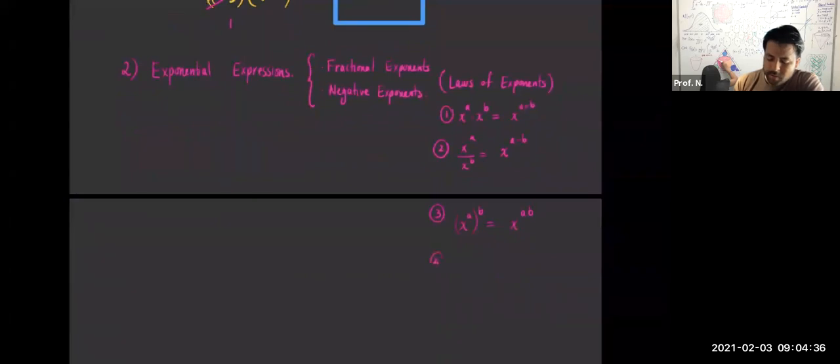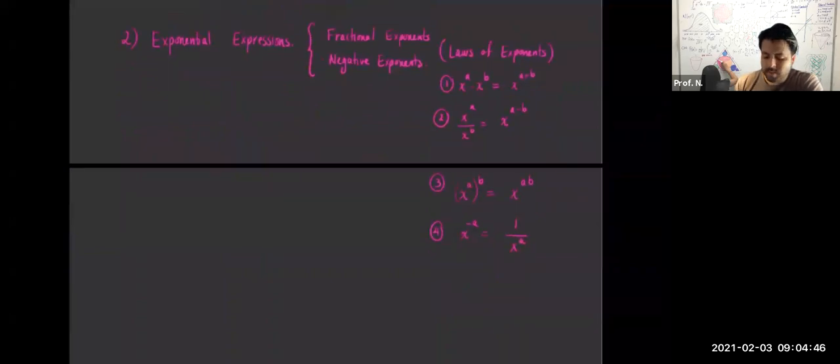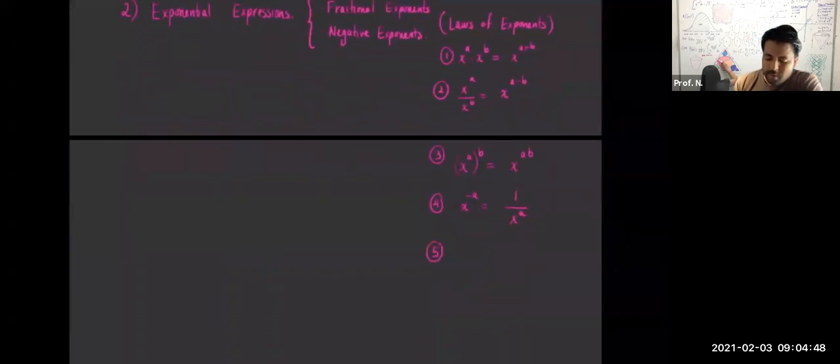And there's several more. If you have x to the negative a, so you have x raised to a negative exponent, you can make it positive by putting it 1 over x to the a. If you have 1 over x to the negative a, so if you have a negative exponent in the denominator, we just move the whole thing to the numerator, and that makes it positive as well.